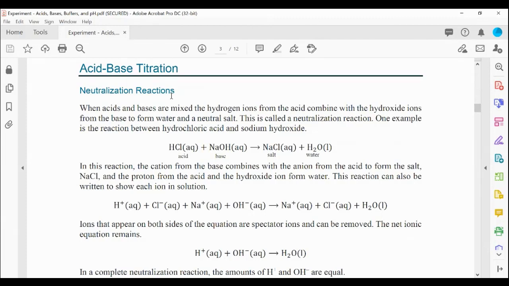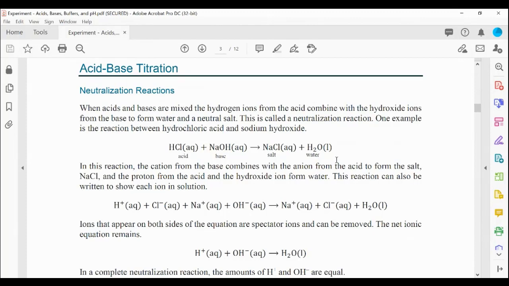A neutralization reaction is when an acid reacts with a base. Here they are giving an example. An acid has an H, it's an acid, hydrochloric acid, reacts with sodium hydroxide to form a salt and water.